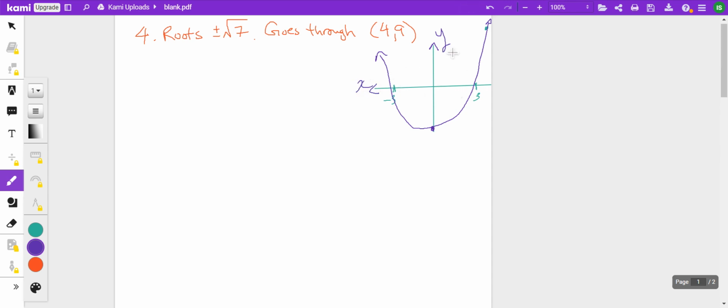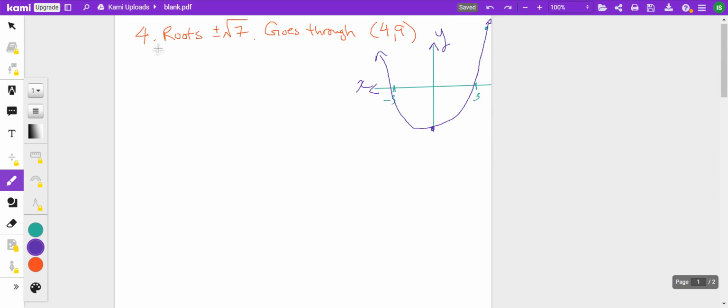Okay, so I like to visualize what type of quadratic function I'm working with. That way, when I get an a value, I can look at it critically. And if I get an a of negative something, I can say, whoa, I made a mistake because I'm pretty sure this parabola opens up.